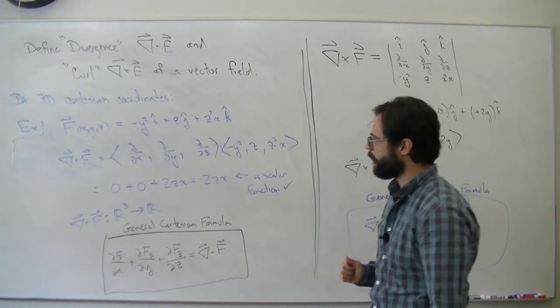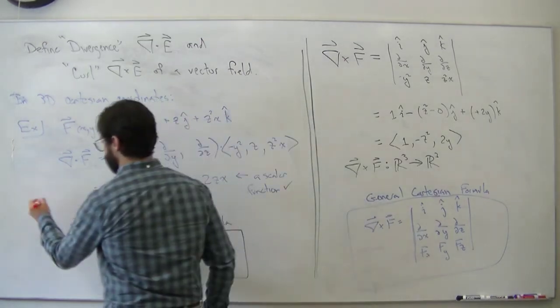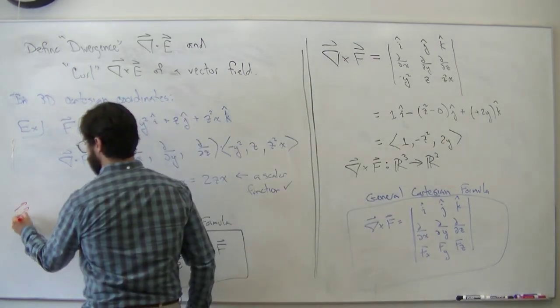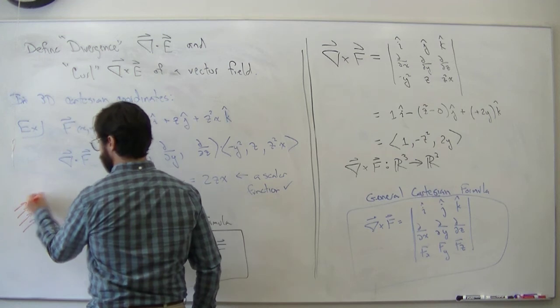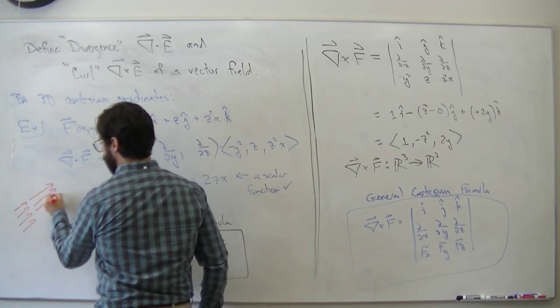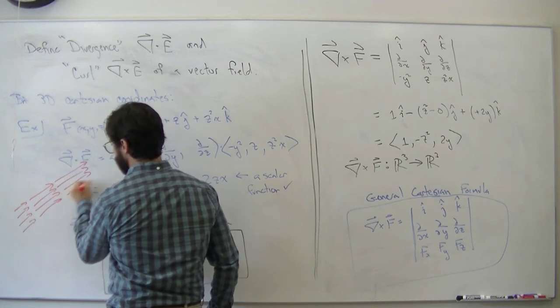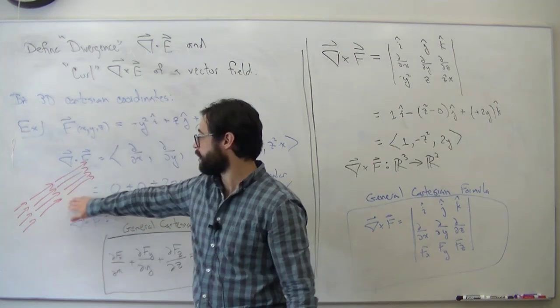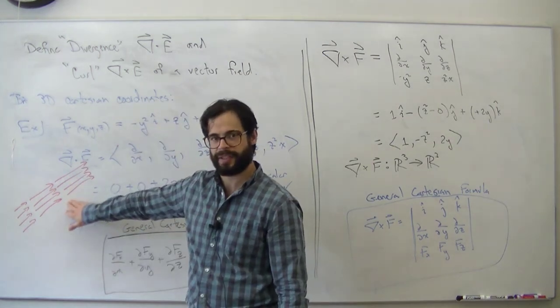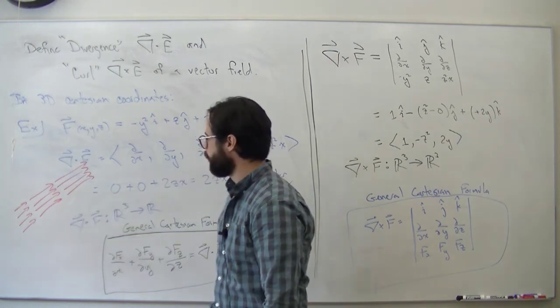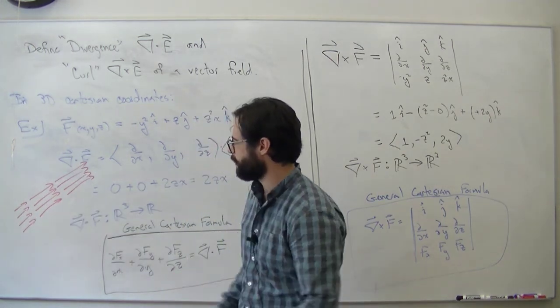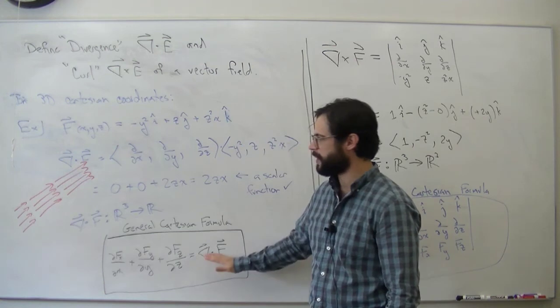So they can change, for instance, by just getting longer. So all of these point in the same direction, but as I move along some direction, they just get longer. So this is a type of changing vector field, for sure, right? They're definitely changing.